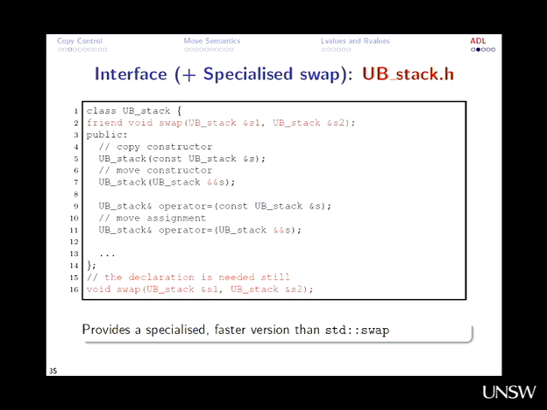And this version of stack is going to be faster than standard swap. And everyone's going to be really confused at this point because we've just gone through how move semantics is so much faster than copy. We can go faster than move semantics. Okay, so we're going to write a version of standard swap that's faster than the move semantics.